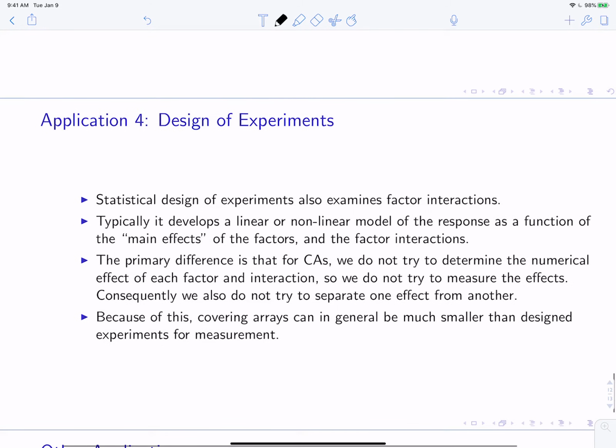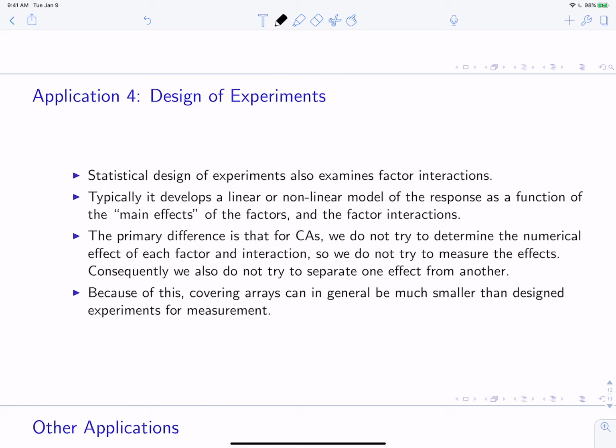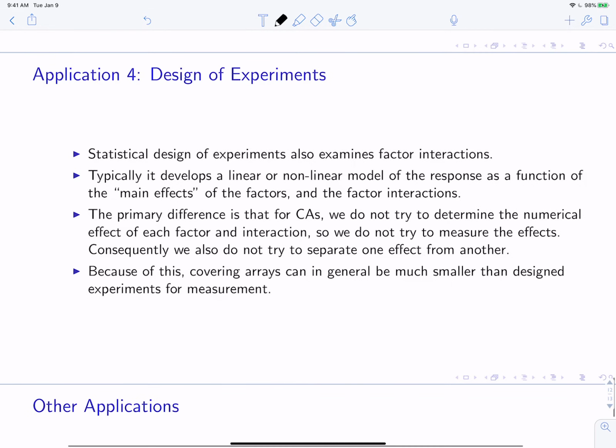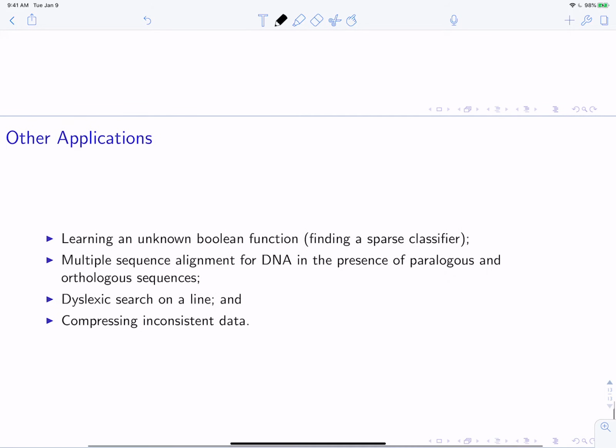So I won't talk much more about that. Design of experiments. Have any of you taken design of experiments or statistics? Okay, if you've never heard of this term, then we'll just skip it. But it has applications there as well in terms of qualitative independence.